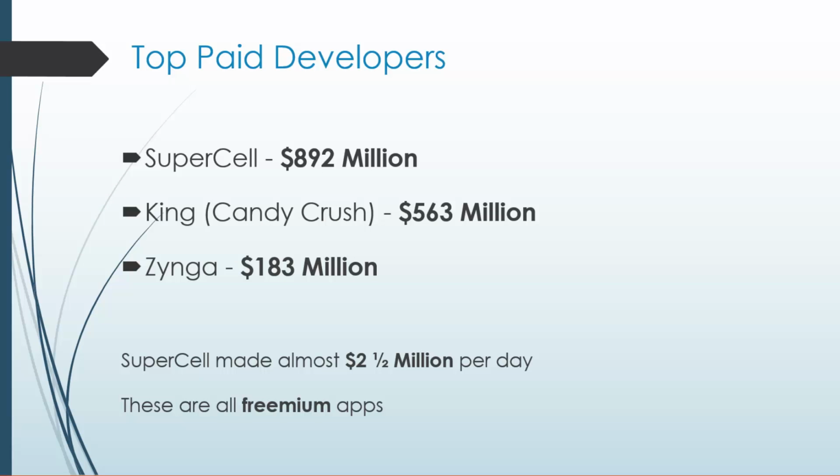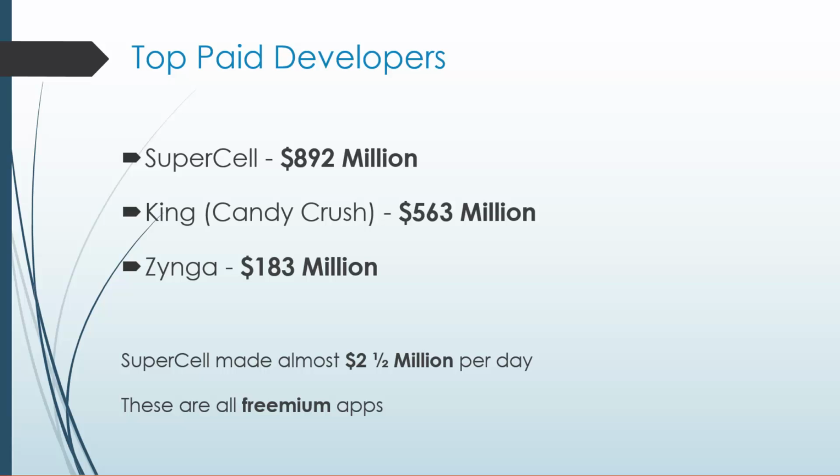Let's take a quick peek at what some of the top paid mobile app developers are making. Supercell had an annual revenue of $892 million. King, the developers of the game Candy Crush, made a revenue of $563 million, and Zynga $183 million. If we look at Supercell, they made almost $2.5 million per day.